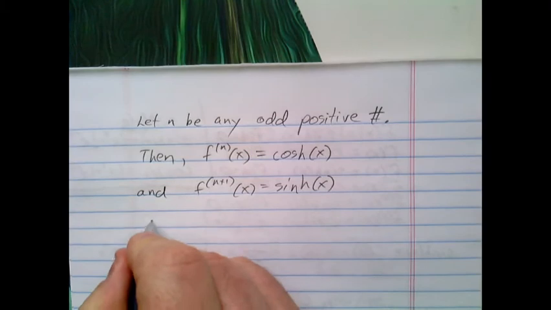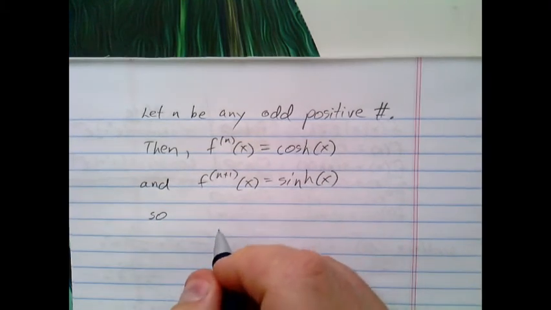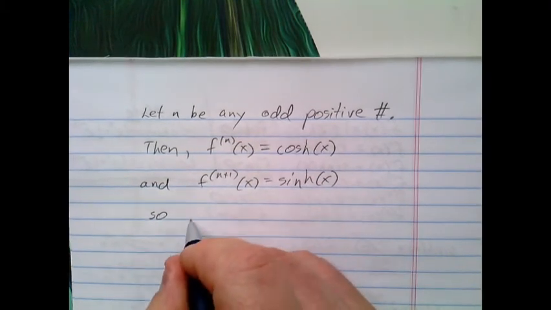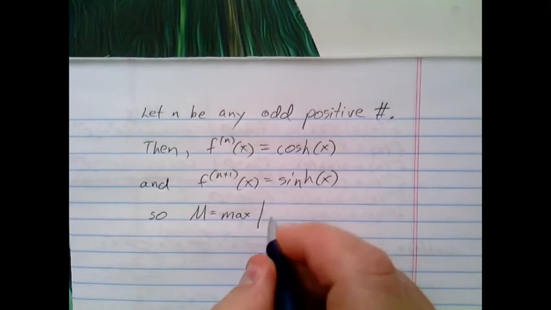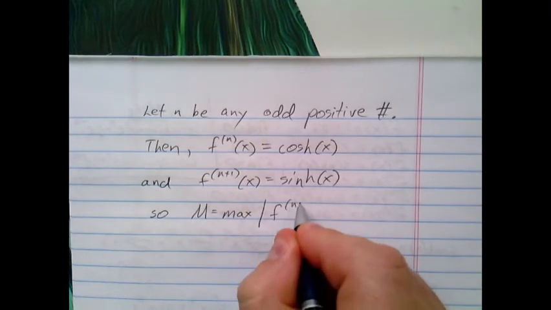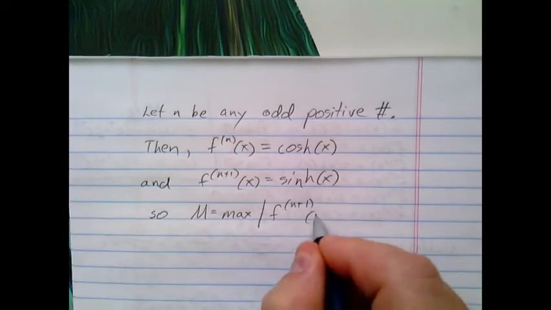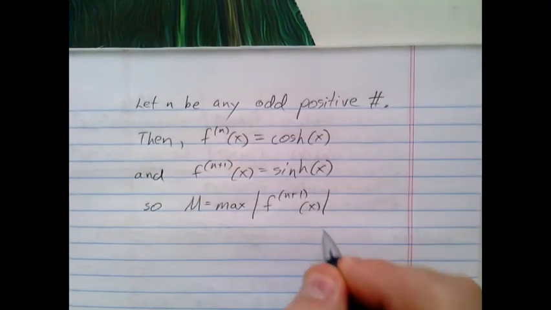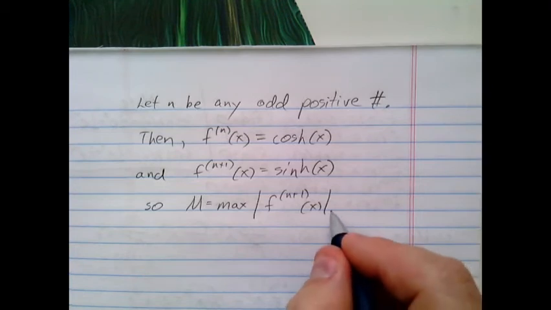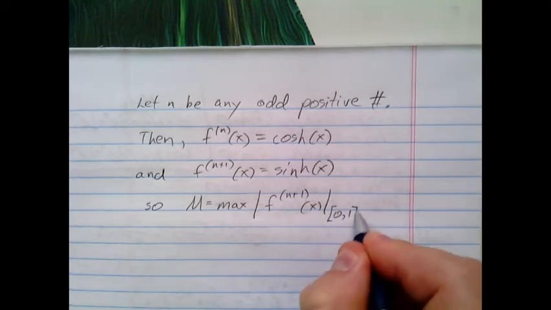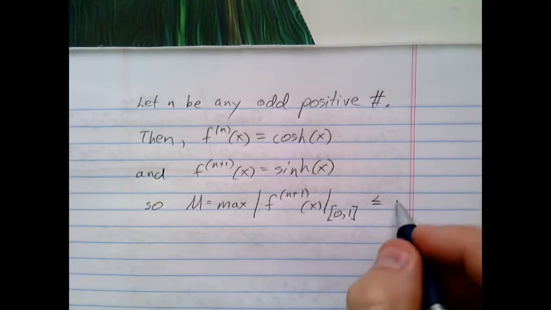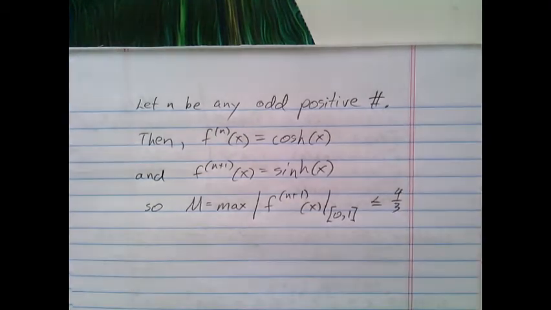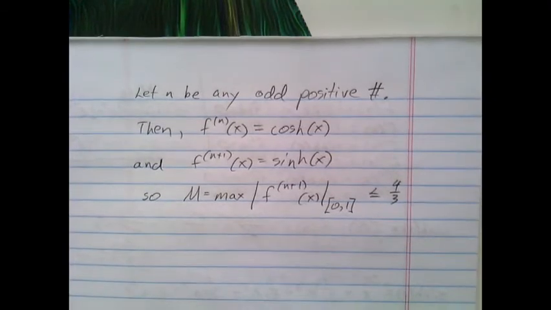So we can say that M, the max of the absolute value of our n plus 1 derivative on the interval, in this case from 0 to 1, by the same reasoning we went through before, has got to be less than 4/3.